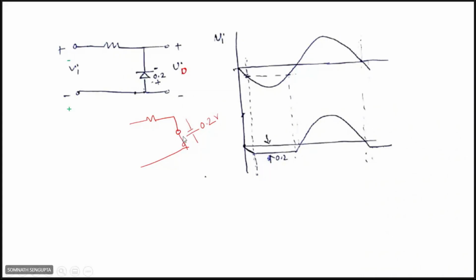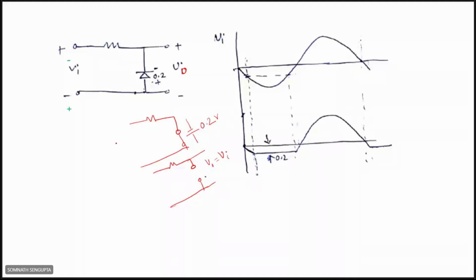Okay. So this is now on, and when the input voltage becomes higher than minus 0.2, or in this case if the input voltage is positive, that time this diode will be open circuited like this. So here VO will be equal to Vi.